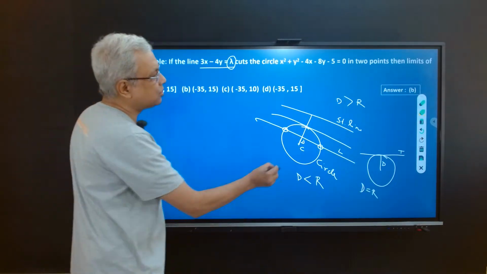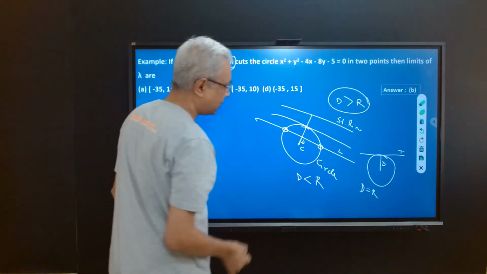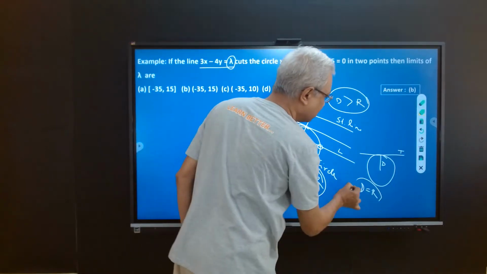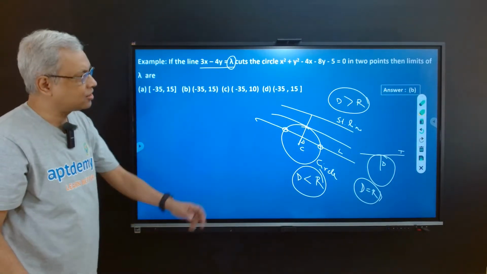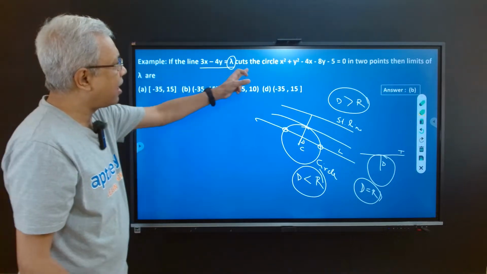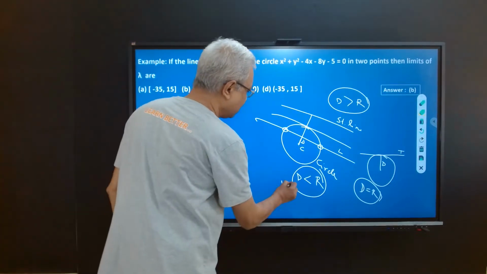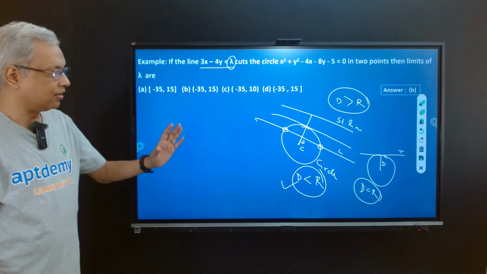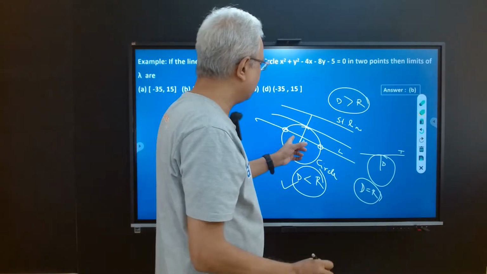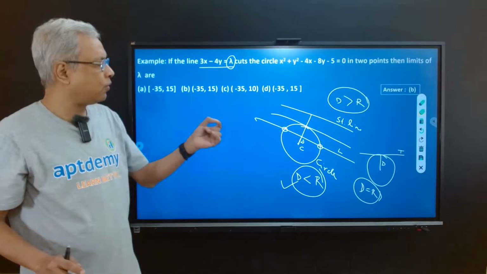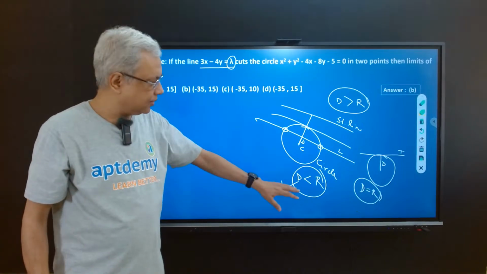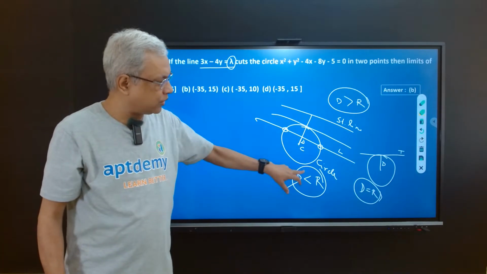So three cases may arise: d greater than r, d less than r, and d equal to r. In our case, the line cuts the circle, so d should be less than the radius of the circle. D is the perpendicular distance dropped from the center of the circle on the straight line. This you should keep in mind.